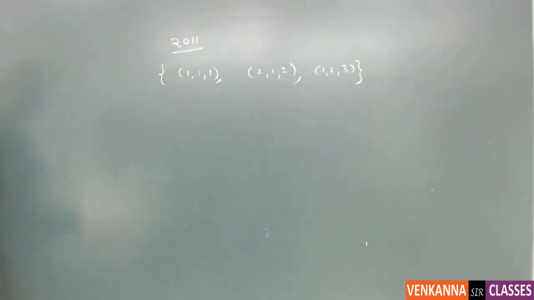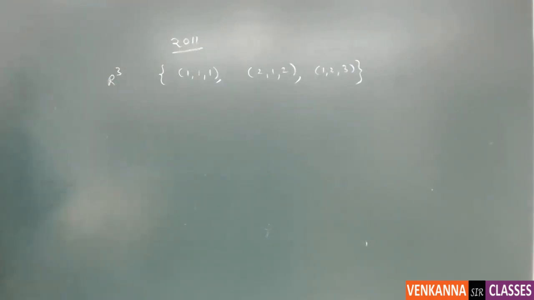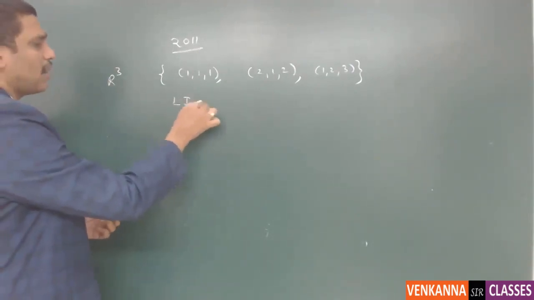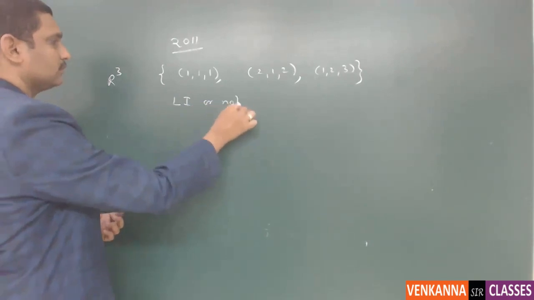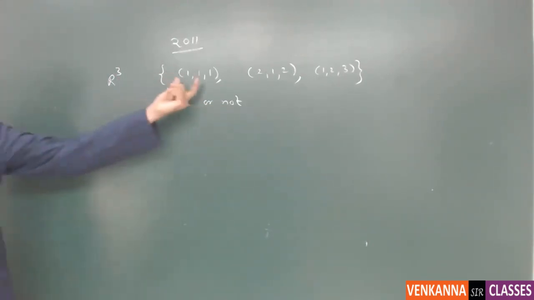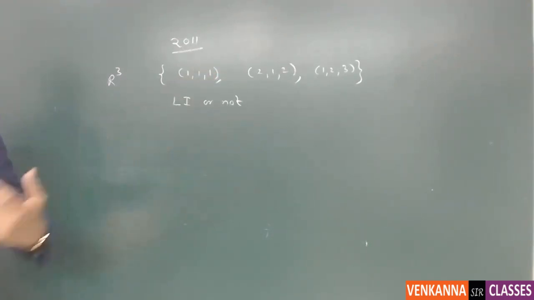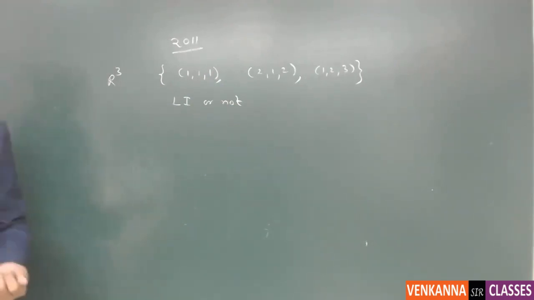So this is a set of vectors taken in R cube. The first task of the problem is, is it linearly independent or not? So I request you to write them in the form of a matrix, calculate the determinant, and please give me the reply. Is that linearly independent or not? Please go ahead.